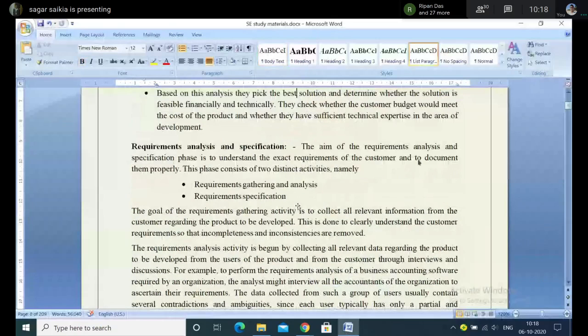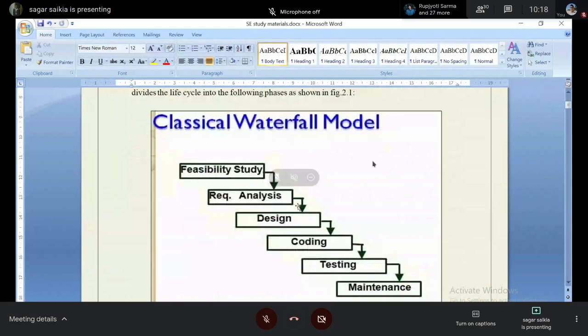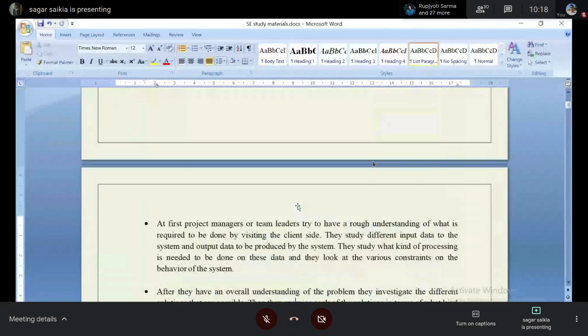The software life cycle model. We have seen the classical waterfall model, the various phases.